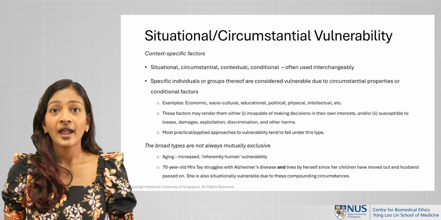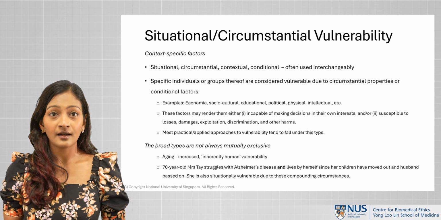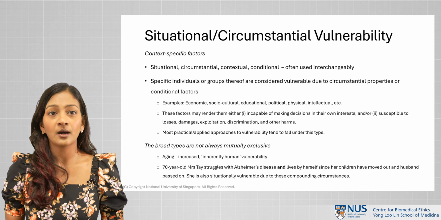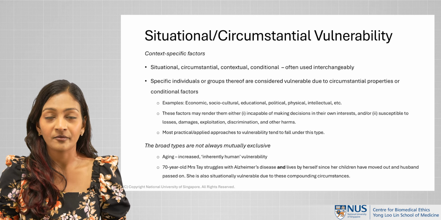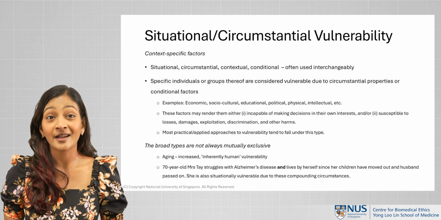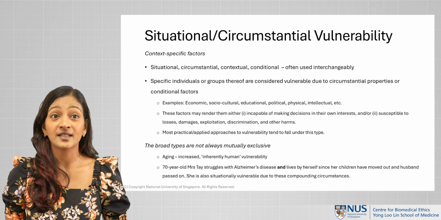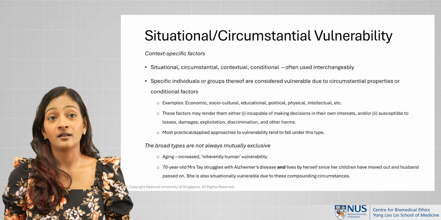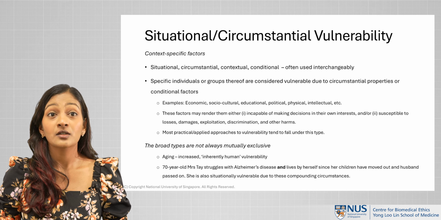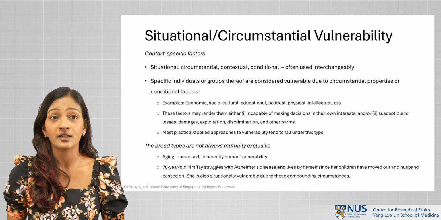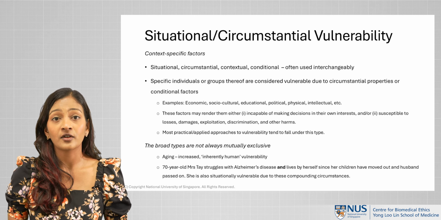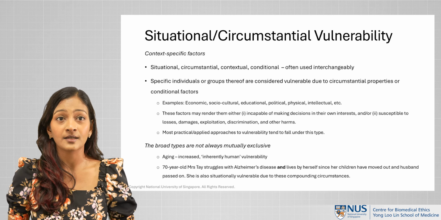For example, elderly persons can be considered inherently vulnerable as aging is part and parcel of the human condition. Take 70-year-old Mrs. Stay, for instance. She struggles with Alzheimer's disease, and she lives all by herself since her children have moved out and her husband has passed on. She is also situationally vulnerable to the adverse implications of loneliness, inadequate care, etc., due to these compounding circumstances.